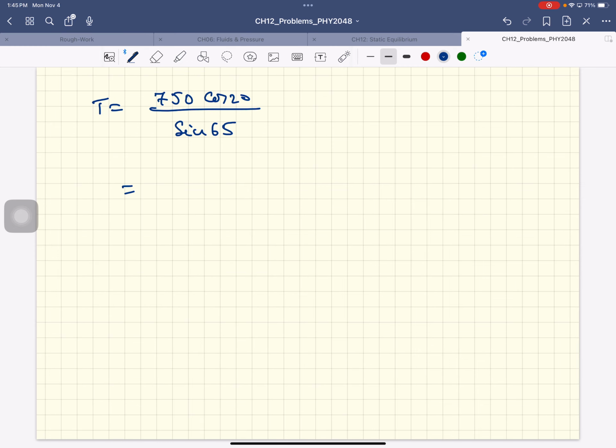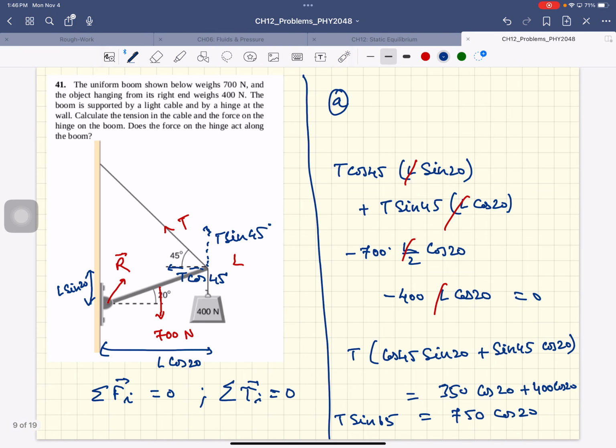So the tension in the cable is... Now for part B, what we want to do is calculate the reaction force, and so we'll have to use both these equations.